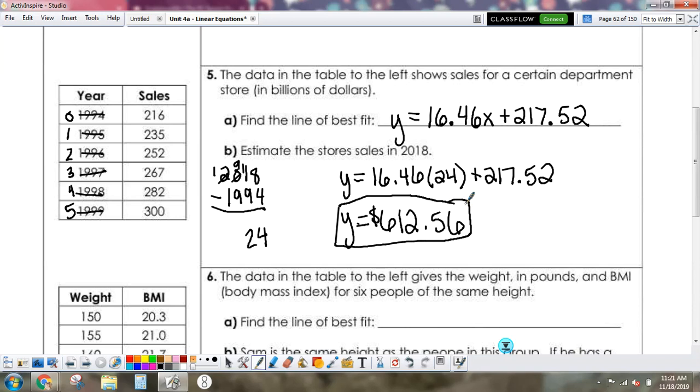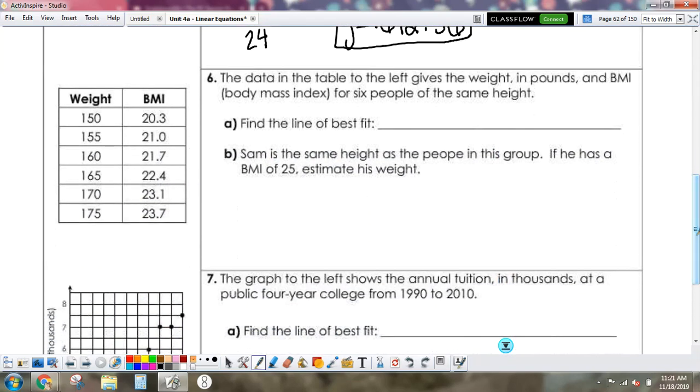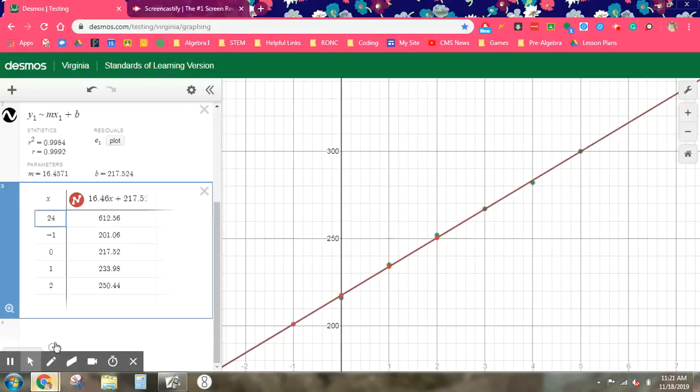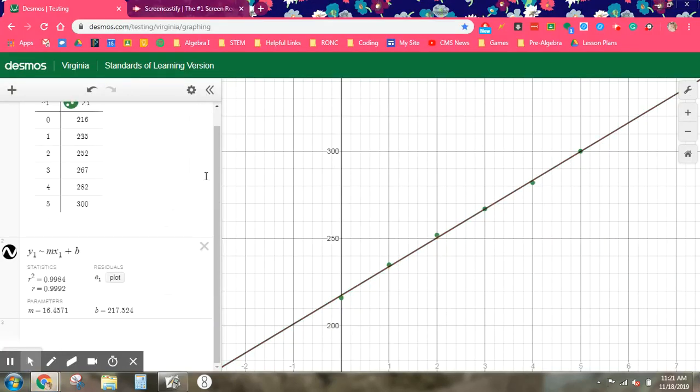So we're going to do the same thing for the next two. Don't forget, you can pause this at any time to copy down things that you need to copy down. I'm going to type in my values here. Since this is talking about weight, I do not need to change the points like I did before.